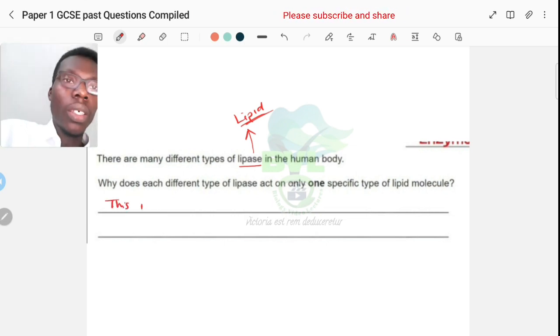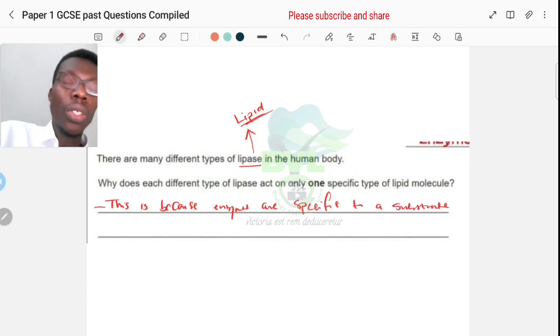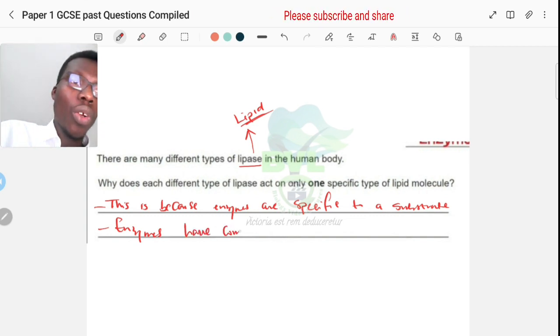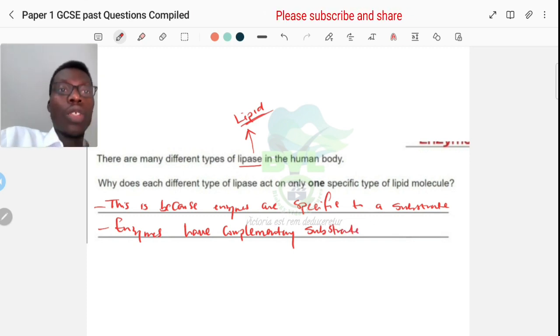This is because enzymes are specific to a substrate, or you say enzymes have a complementary substrate. That simply means the substrate that can fit into its active site.